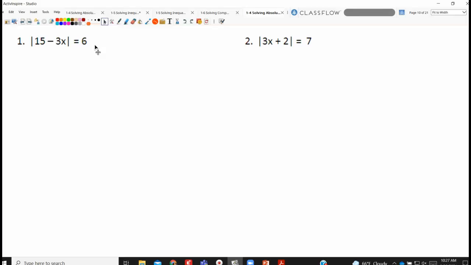You want to split into the positive and the negative. An absolute value is equal to both a positive and a negative because the distance could be equally to the left or to the right of our equation. So for the positive, you just drop the absolute value.